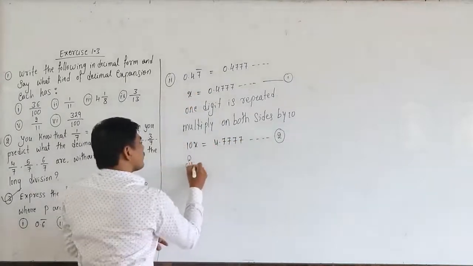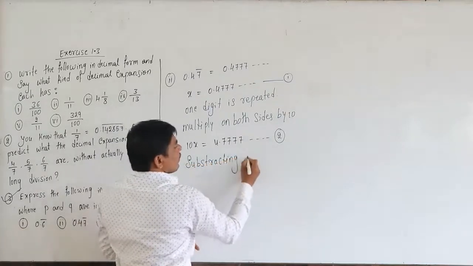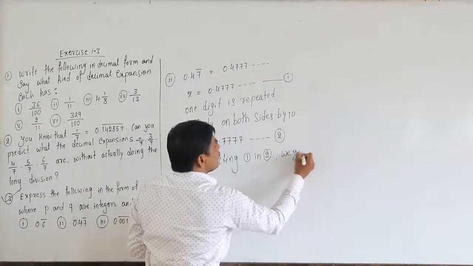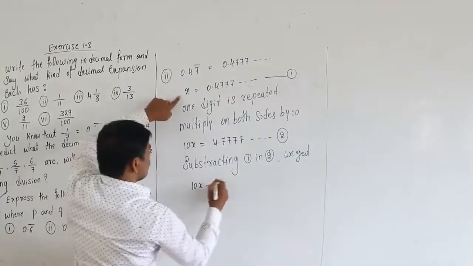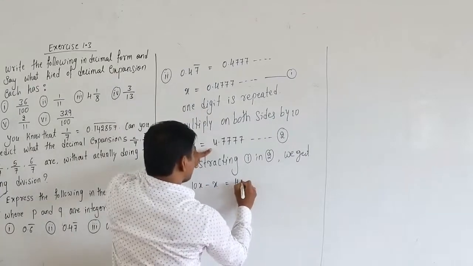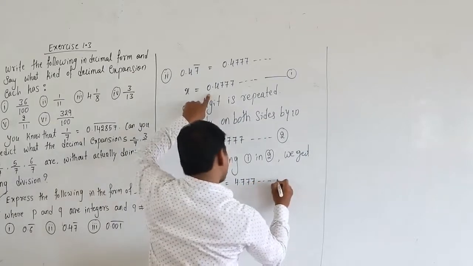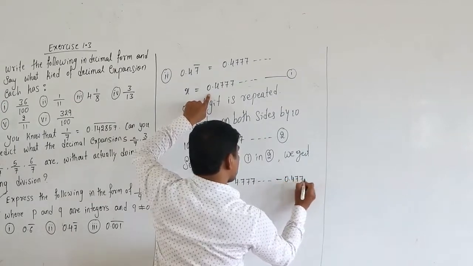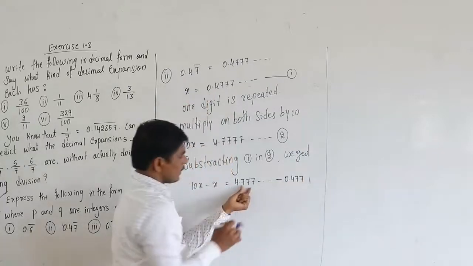Again subtracting equation 1 from 2, we get 10x minus x is equal to 4.777 and so on, minus 0.4777. You take only 3 digits because here we have considered only 3 digits.